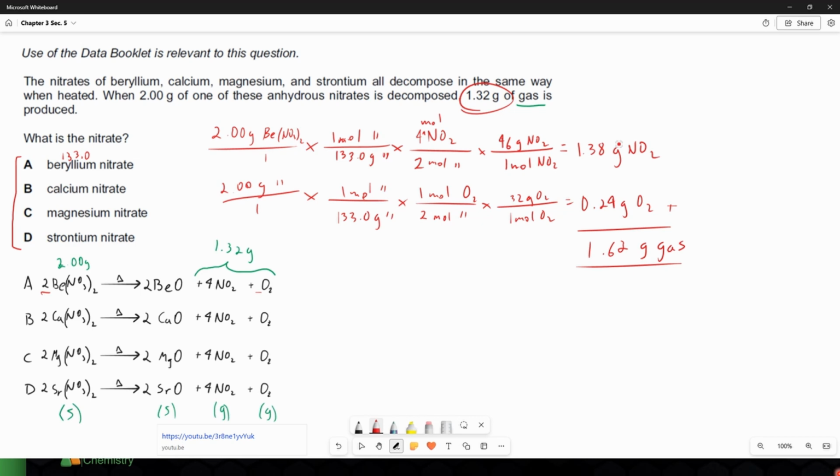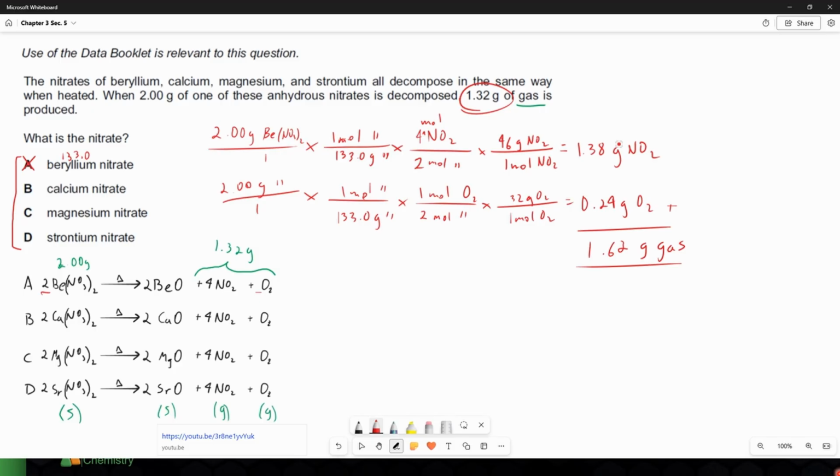Our question says that 2 grams of the anhydrous nitrate gives us 1.32 grams, so beryllium is not the answer. So we now need to do the same exact thing, but for calcium nitrate. And if that one's not it, then we need to do the exact same thing for magnesium nitrate. And if that's not it, we need to do the exact same thing for strontium nitrate. This will take you forever if strontium nitrate is the answer.